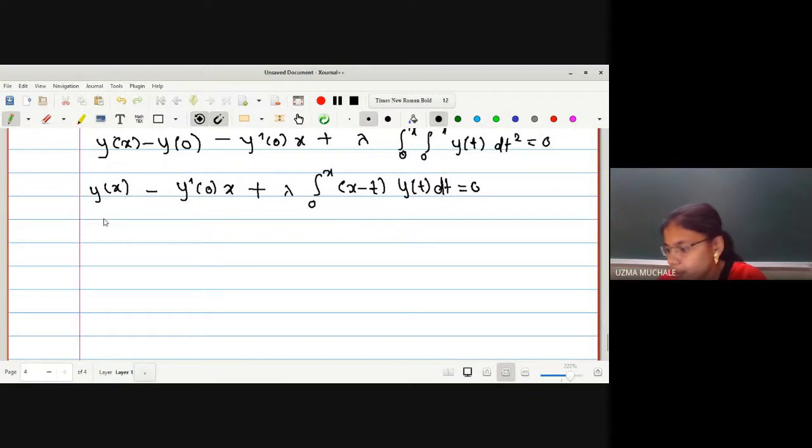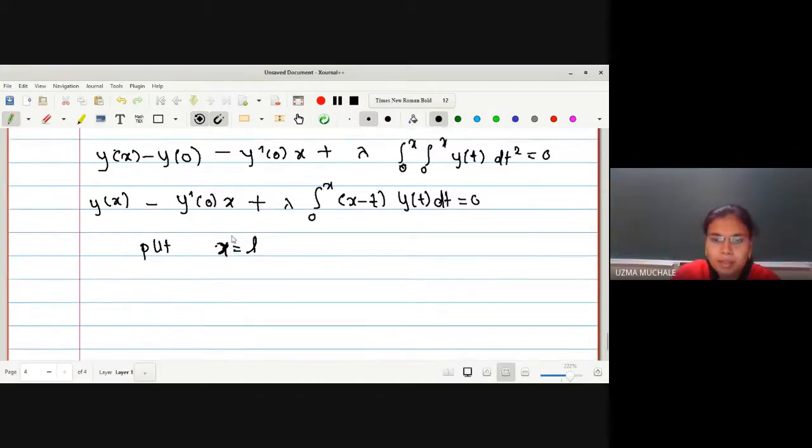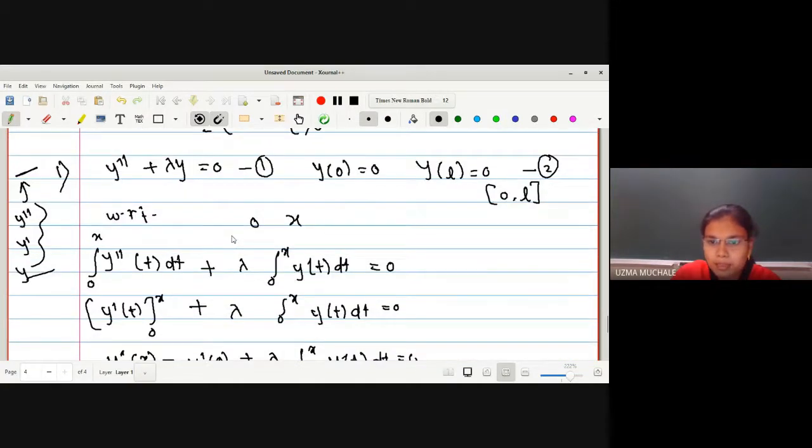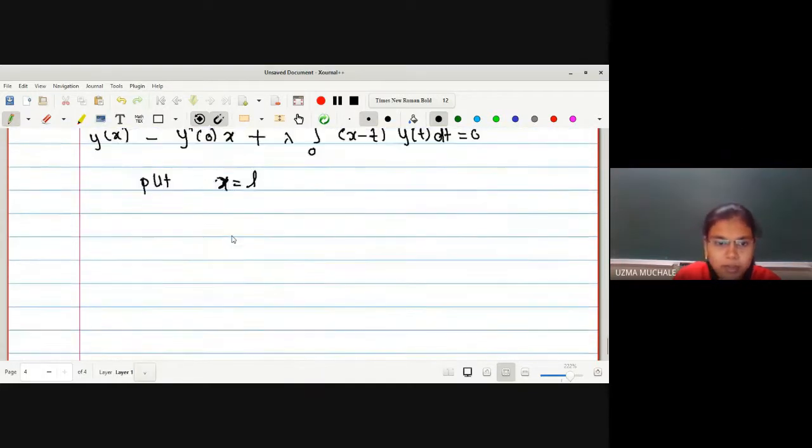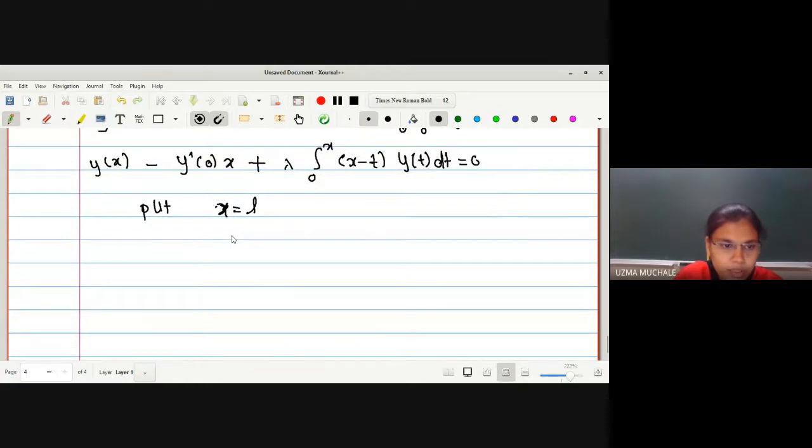After this step, what we have done is we have substituted the value x equal to L. After putting x equal to b, we get the value of y dash of b, right? So at this step, we can put x equal to L. What is L? L is nothing but your b. From the method, here a is 0 and b is your L. So let us put in these values.